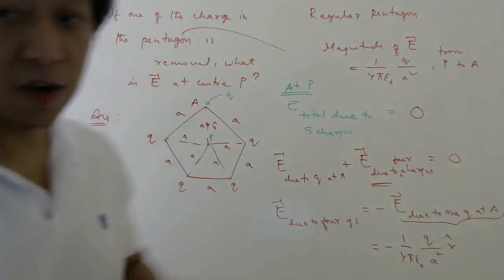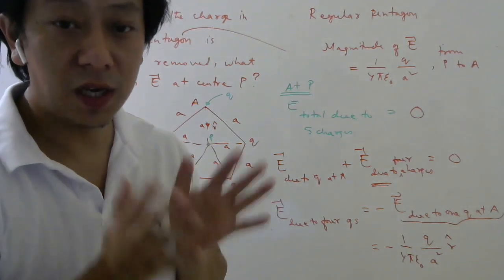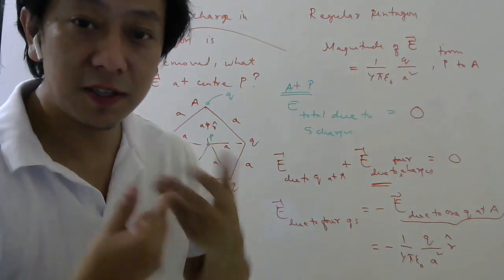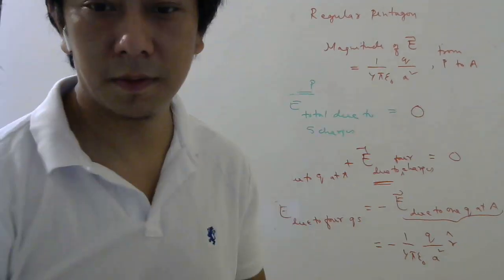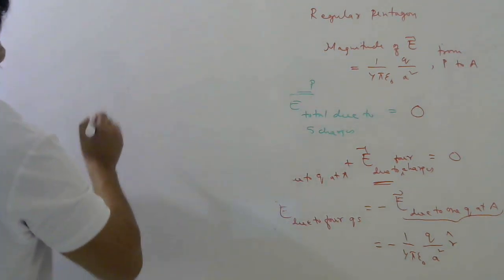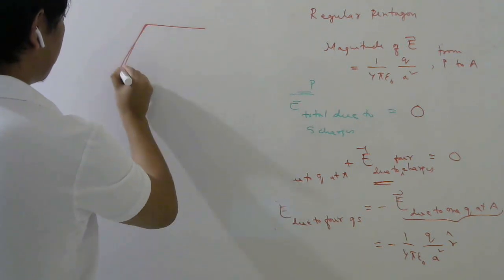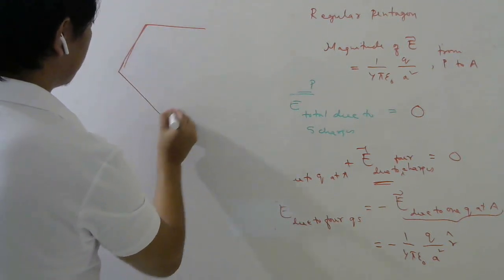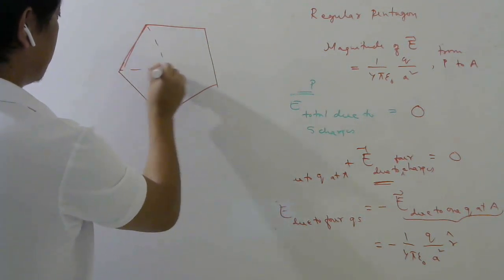So this is how, by using the superposition principle, I am able to do a very difficult problem in a very simple way. Let me just quickly revise how we did the problem. We took a regular pentagon, and somewhere in the center.